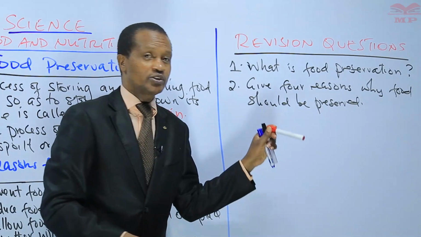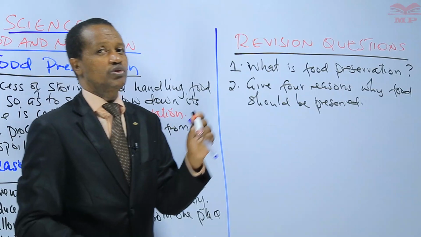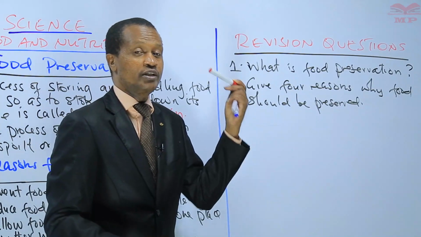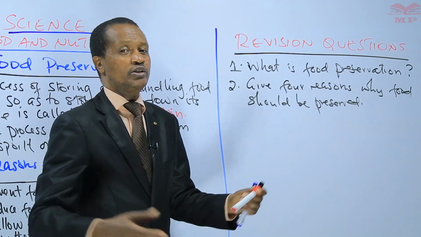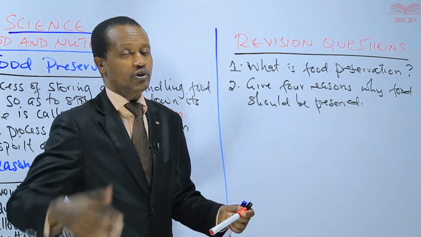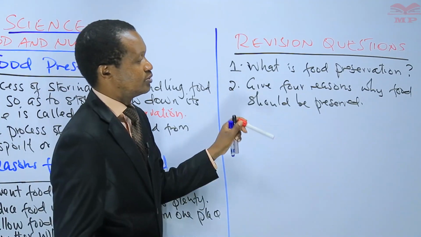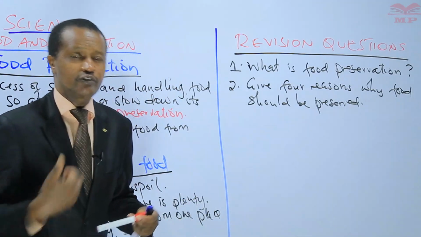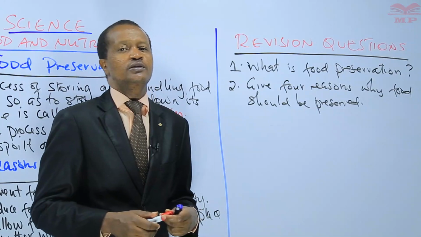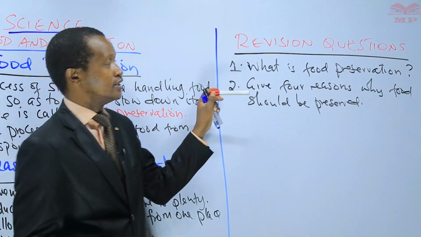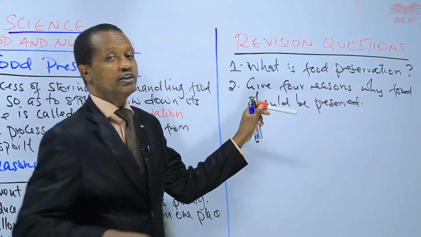When answering the questions, learners, make sure your exercise book is closed. Try and answer the question from your memory. That way you will know whether you can recall what you have learned or not. So if you are unable to answer from memory, then you can check from your notes. After checking from your notes, then you close your notes and try and see if you can answer without referring to your notes.